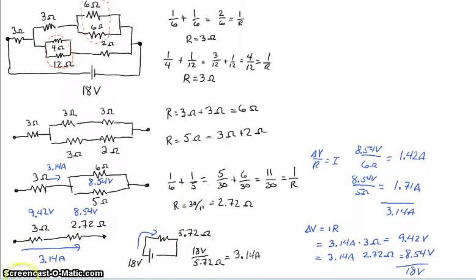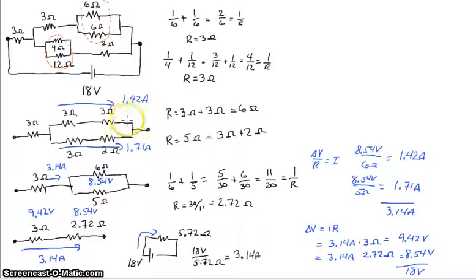Continuing on, the 6 ohm resistor really represents the two 3s in series. So the current traveling across this is 1.42 amps. And the 5 ohm resistor really represents the 3 and 2 in series, and the current across that is 1.71 amps.